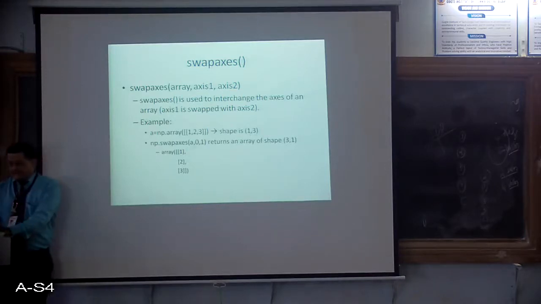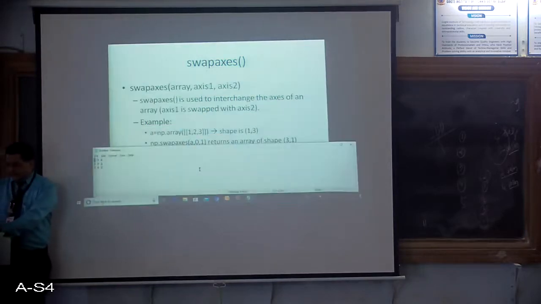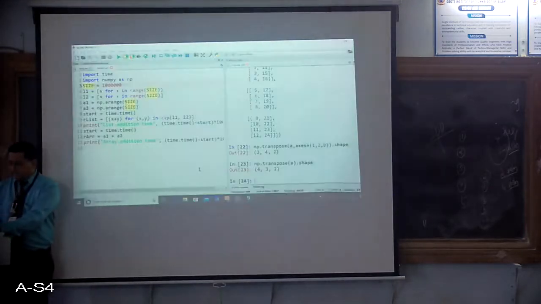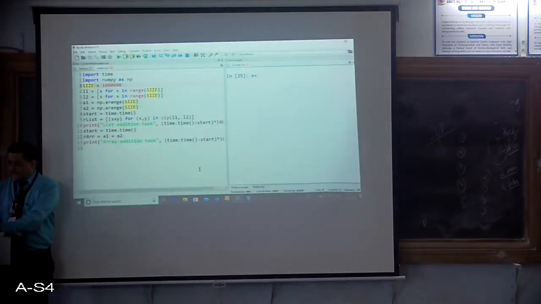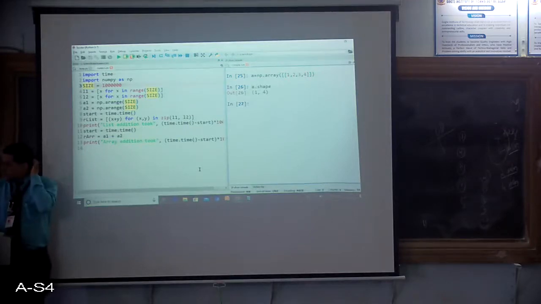And swap axes 0, 1, that is, swap axis 0 with 1, it will give me a 3 by 1 array. Okay, that is, if A is an NP array having 1, 2, 3, 4, A's shape is 1 by 4.